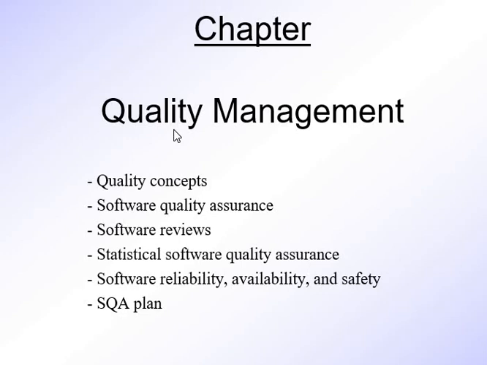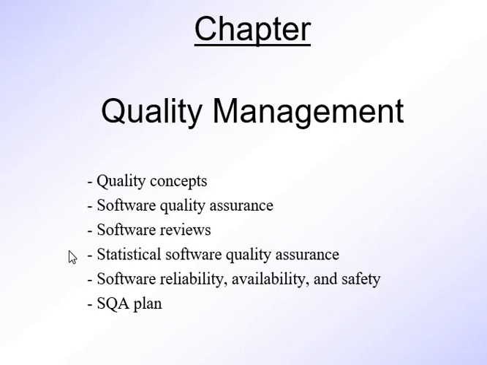We have started with phase number one, that is the communication, or we can say the planning, or we can say the requirement analysis. We have discussed requirement engineering, communication, planning.